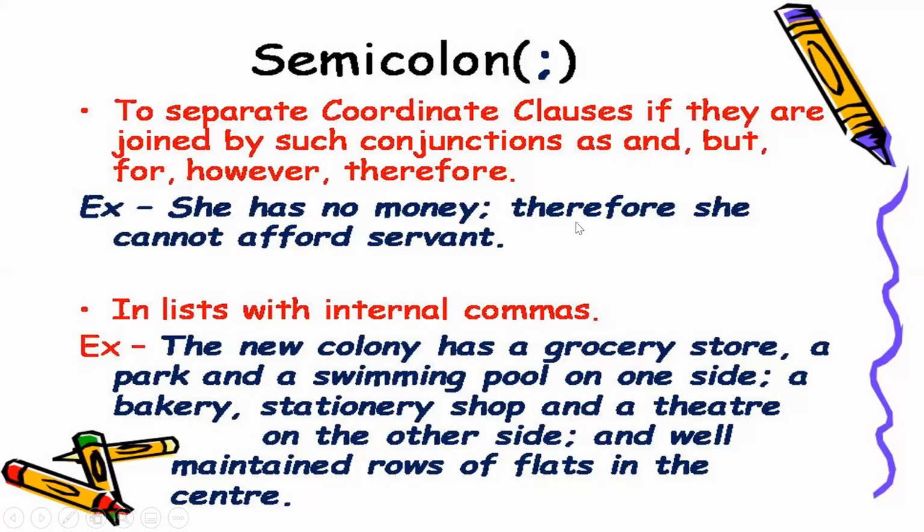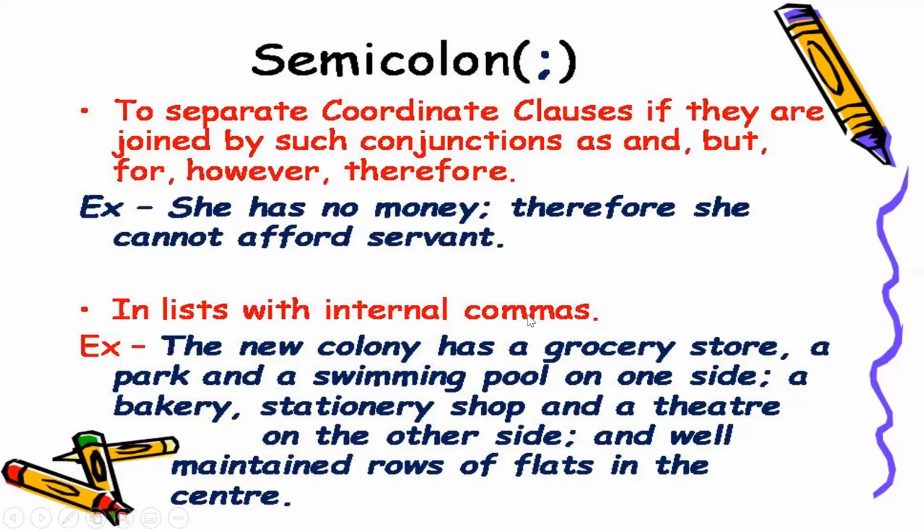Okay, so you have not finished saying the sentence. She has no money. You're pausing. Therefore, she cannot afford a servant. Okay, it is a longer pause than a comma, and you will see that a comma separates only a few words, and here you have a group of words which has been separated using a semicolon.